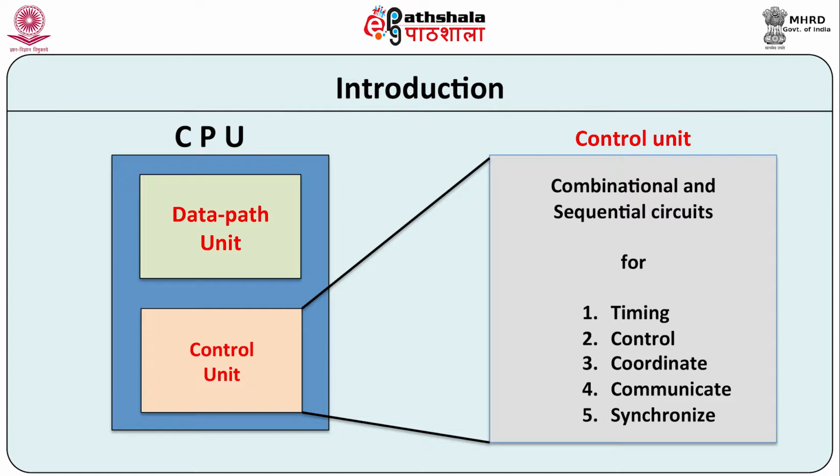The control unit performs the major functionality in the processor and is perhaps the most complex part of any processor. The control unit is also referred to as a decode unit since it decodes the instruction.